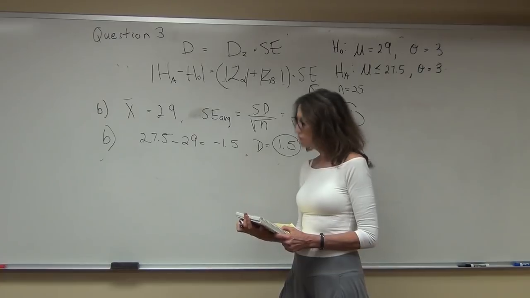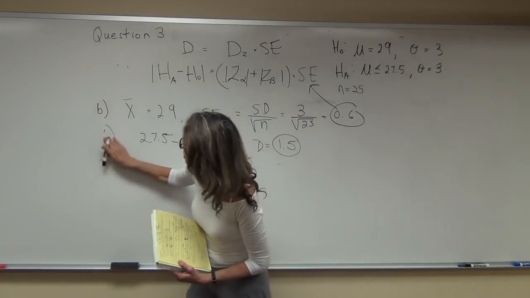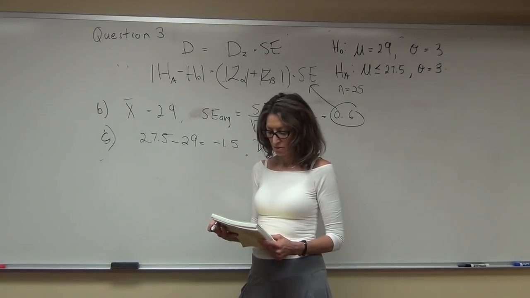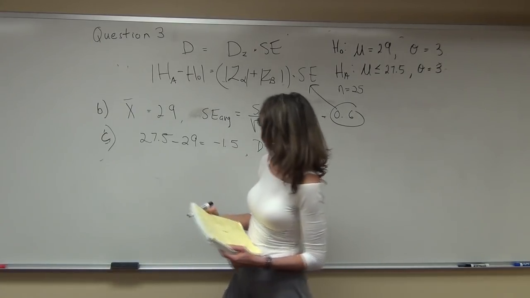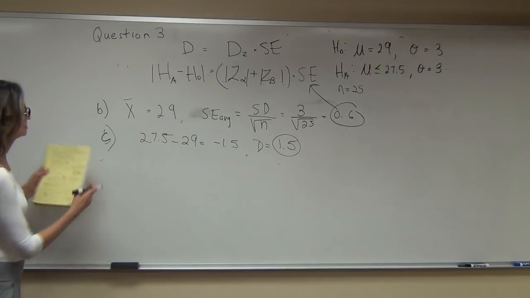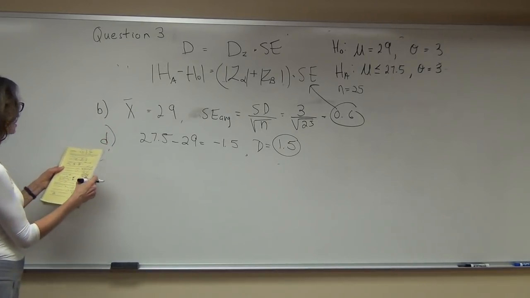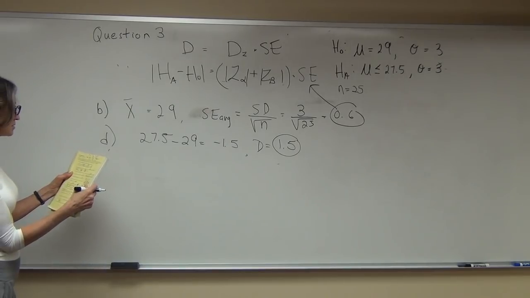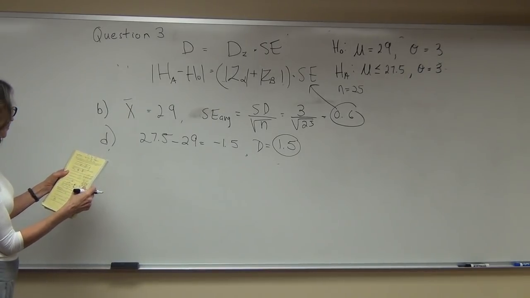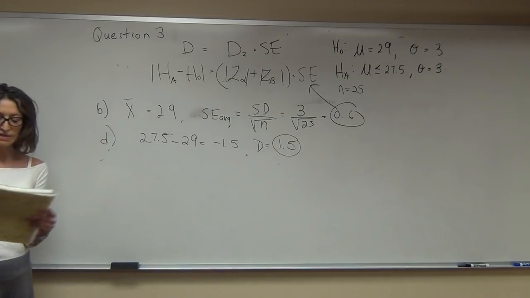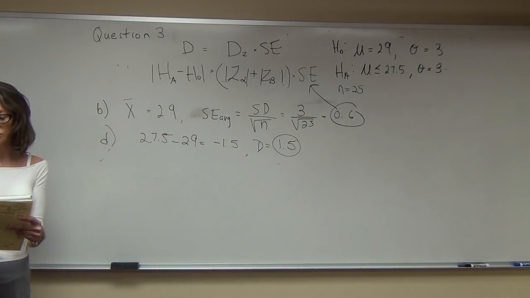The next question, so this is C. Excuse me. Now, I guess this is D. And this was B. And C was just the sample average, 27.5.